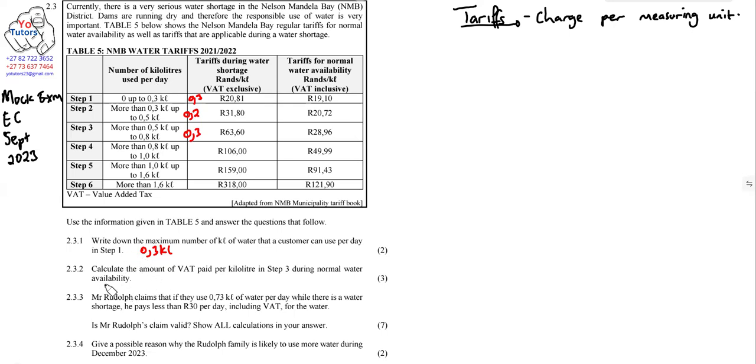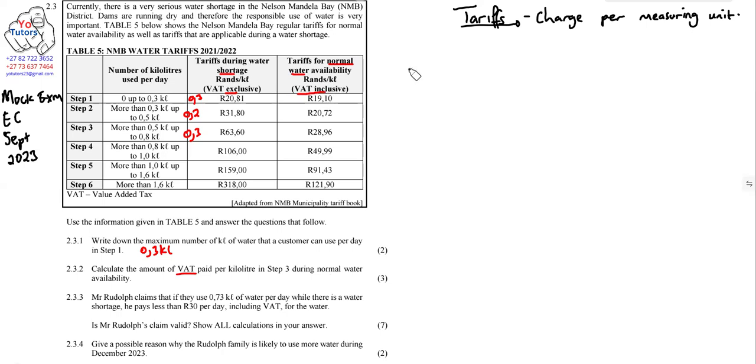Now, calculate the amount of VAT paid per kiloliter in step 3 during normal water available. Here we have the tariff during water shortage, and also when water is available. You can see that the value given here is VAT exclusive, and this one is VAT inclusive.